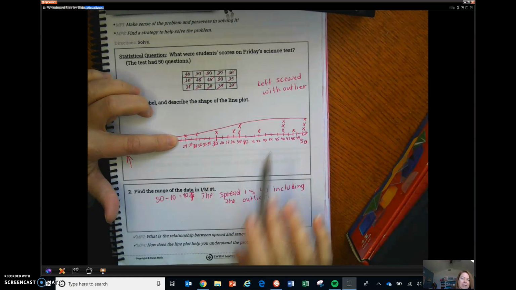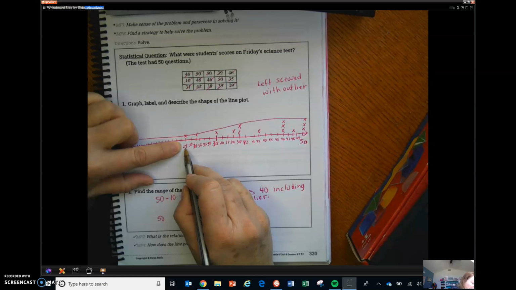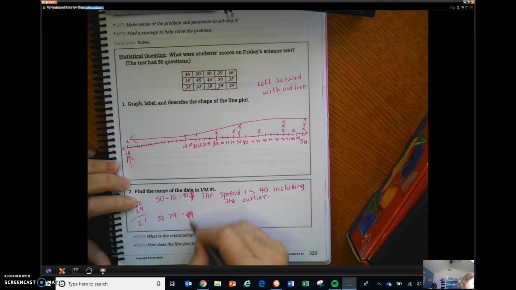If I choose to exclude, leave out the outlier, it would be 50 minus my next smallest number, which is 29. So that's what, 19? I think, or 21, let's see. Let me just do the math because I can't think. Oh, 21, good thing I did the math.